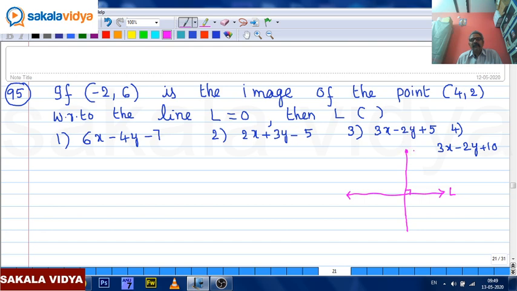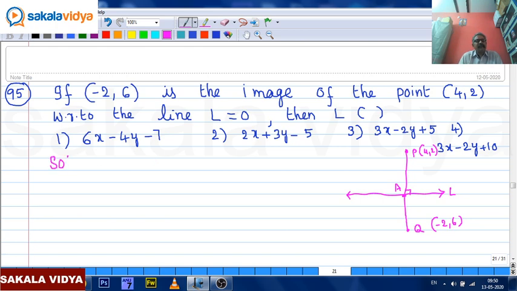The image of P, 4 comma 2, with respect to the line is Q, -2 comma 6. Say this point is A. A is the midpoint of PQ, and A lies on this line. So first find point A, the midpoint of PQ, and substitute in the options; whichever makes the expression 0 is the right answer.